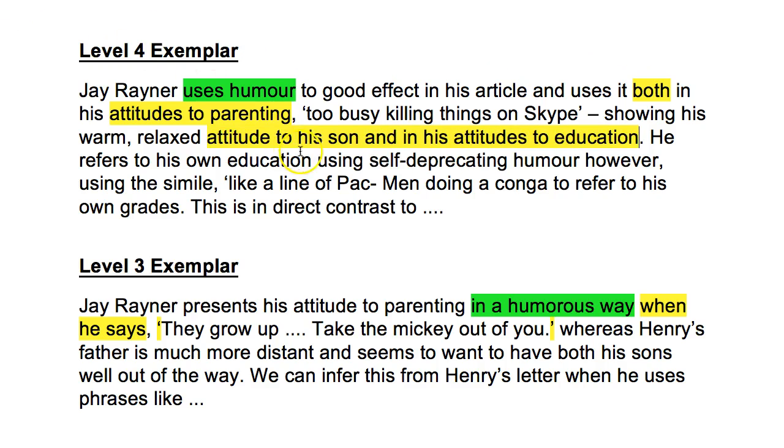So this candidate can now write two things about this quotation, whereas at level 3 the candidate has chosen a quotation where they can only say one thing, that it's the attitude to parenting. And that is why this one is judicious, because this candidate can say two things about it.